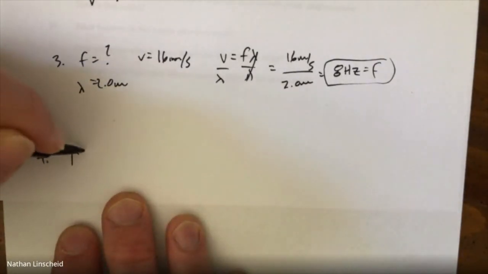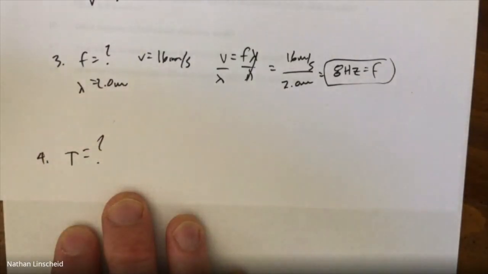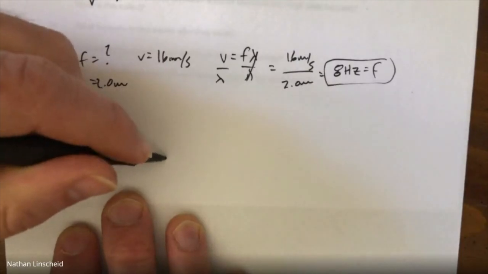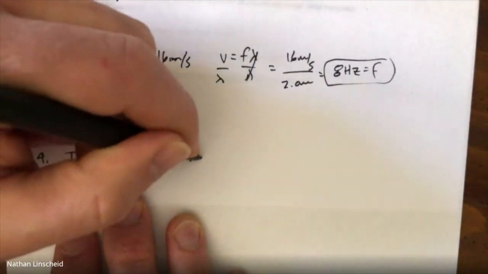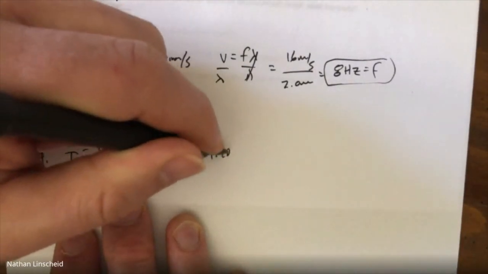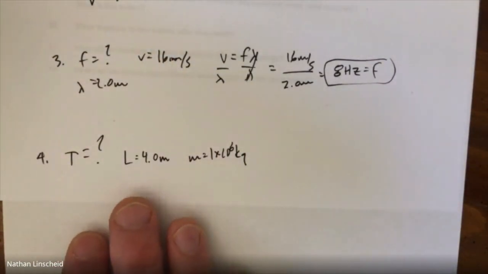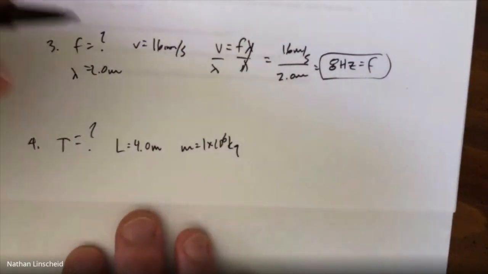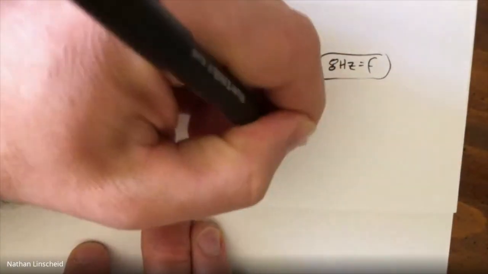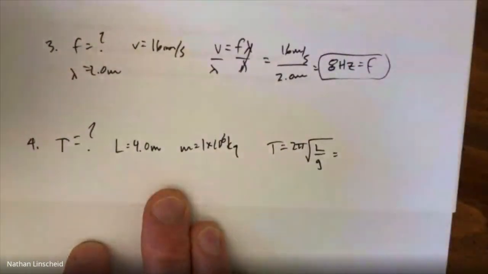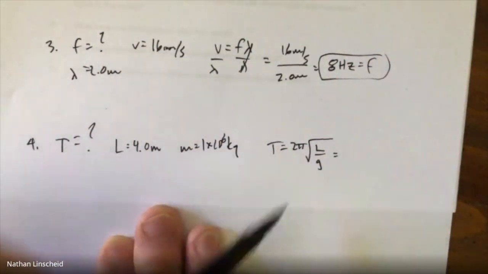So again, we're looking for period here. The length is 4 meters. And we have that mass of 1,000,000 kilograms. But if you want to find the period of a pendulum, the equation is T equals 2 pi times the square root of L over G. And notice M is nowhere in that.